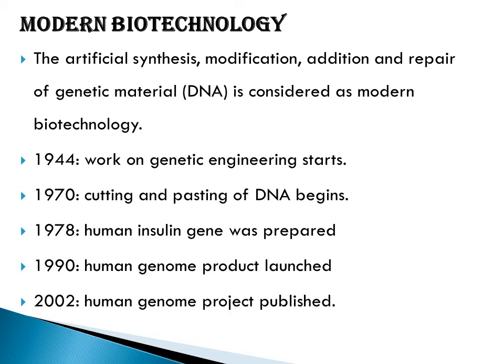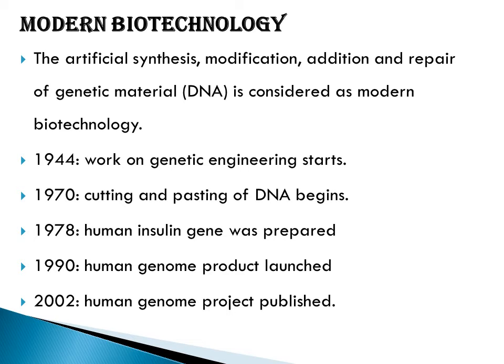Why do all these processes happen? Why are the modification, addition, cutting, repairing, pasting and synthesis of genetic material done? Because to change the characteristics of an organism. If we need an organism with our desired characteristics, we can change their DNA easily through modern biotechnology.